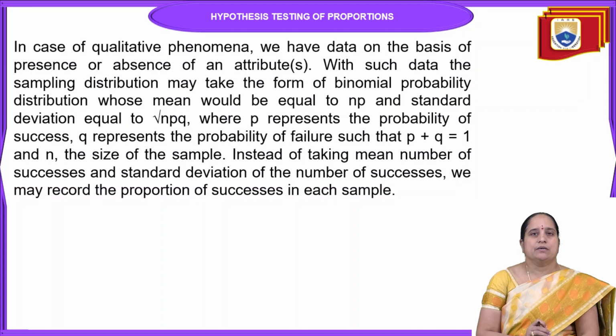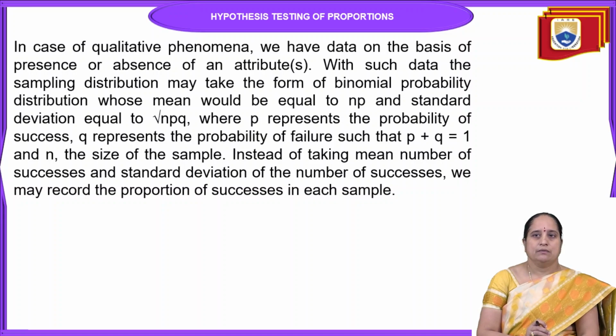With such data, the sampling distribution may take the form of binomial probability distribution whose mean would be equal to np and standard deviation equal to square root of npq, where p represents the probability of success, q represents the probability of failure such that p plus q is equal to 1, and n denotes the size of the sample.